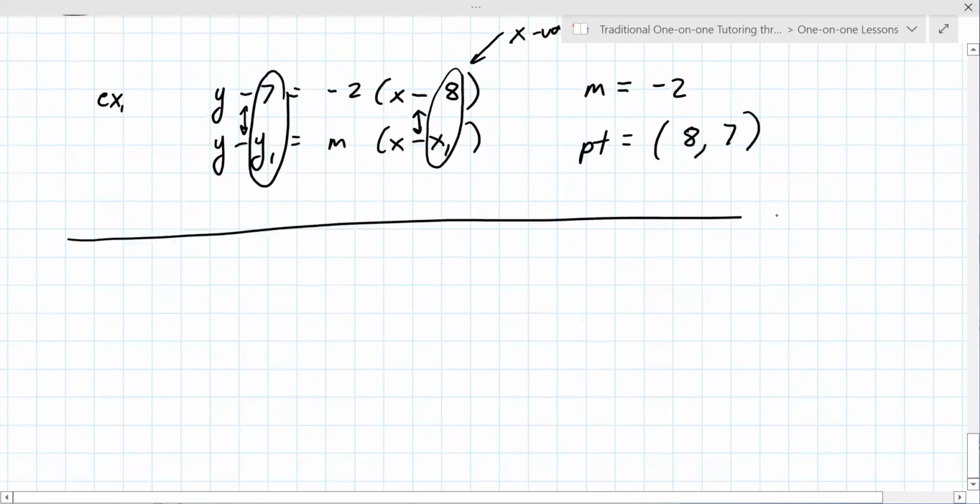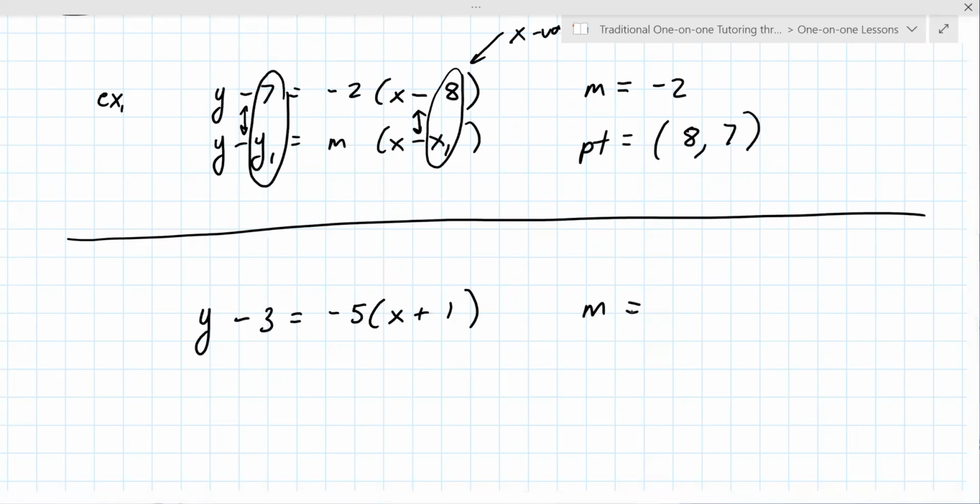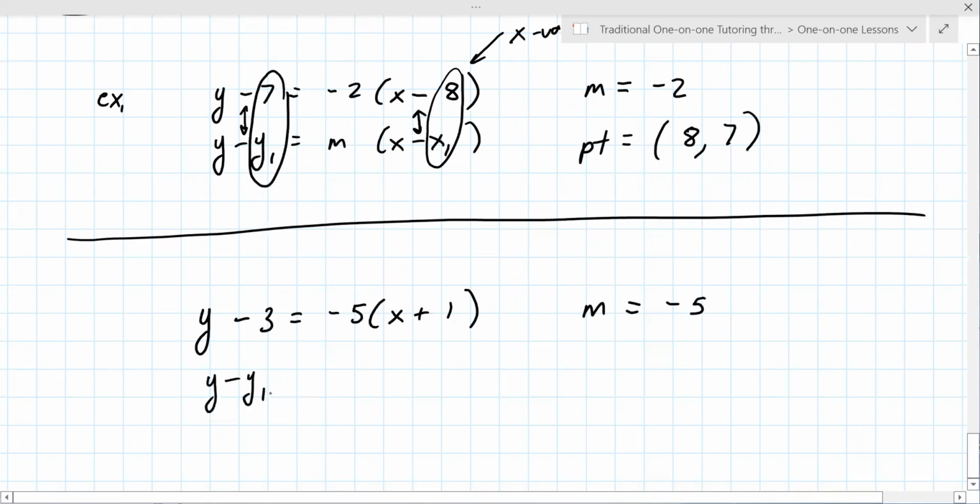Okay. All right, now this gets a little bit more difficult here. Let me give you a new problem. Y minus 3 equals -5 x plus 1. What is the slope? What is the slope, Sourish? The slope for that right there is -5. And then the x value is 1.